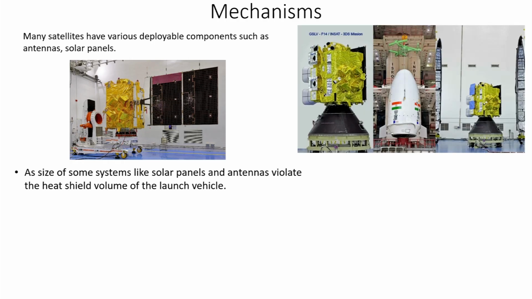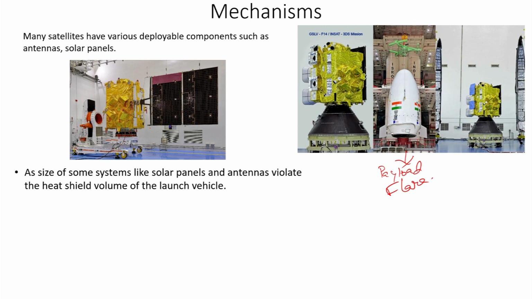And what is needed? A satellite is launched by the launcher. In the launch vehicle, the satellite is put into this part, called the payload fairing. Whatever the satellite subsystems are, I should be able to put the satellite inside this payload fairing of the launch vehicle.